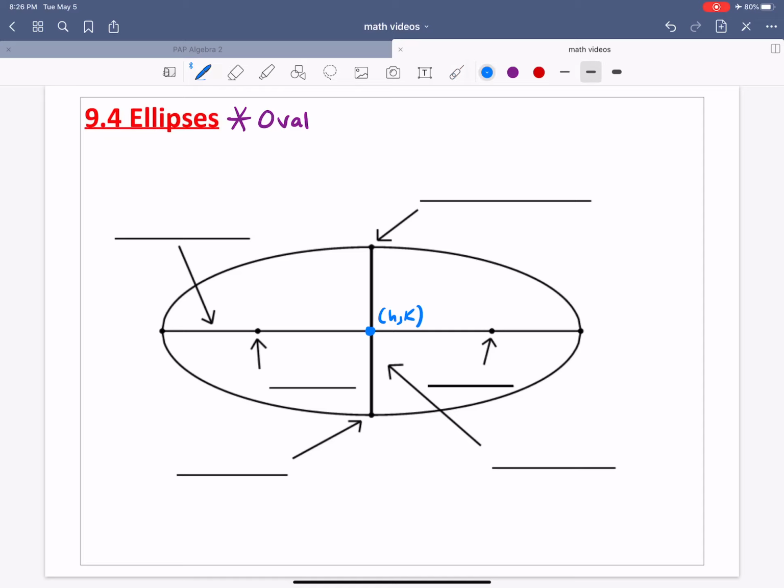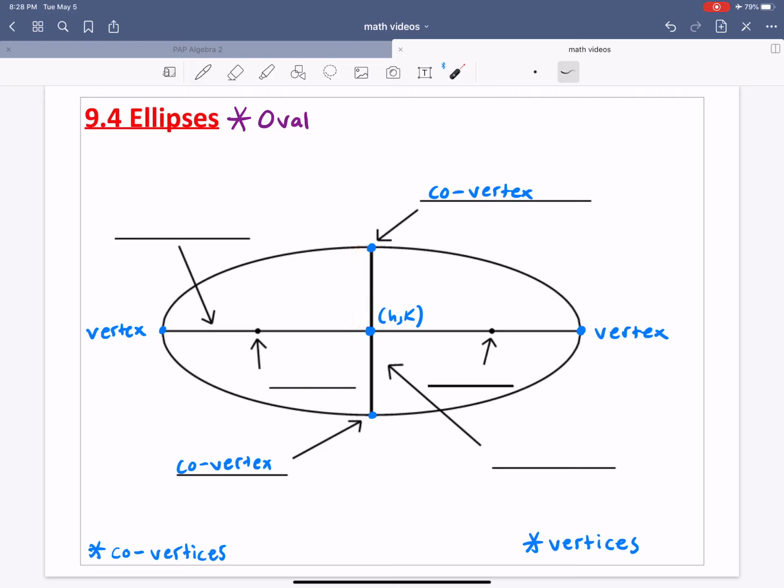I like to think about this as every pilot has a co-pilot, and every vertex has a covertex. Notice that the distance between the center and the covertex will always, always, always be shorter than the distance from the center to a vertex. The distance from center to vertex is always greater than the distance from the center to a covertex, okay?